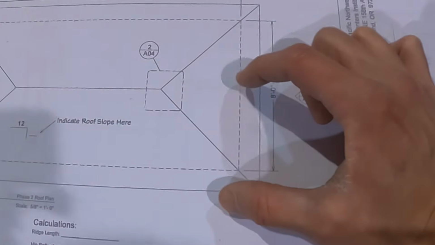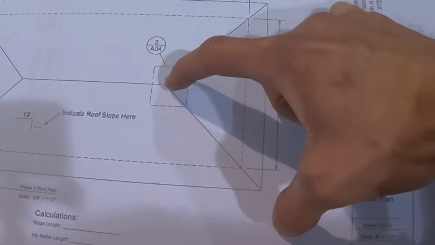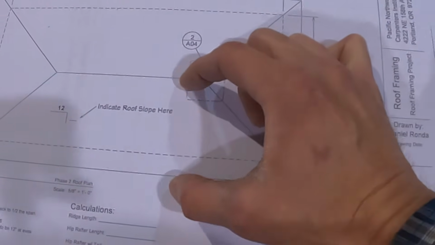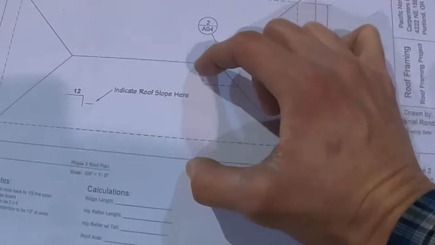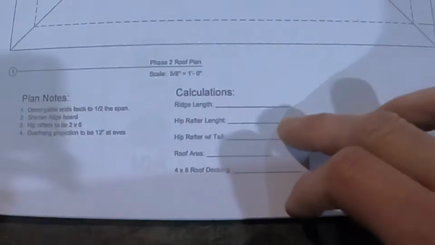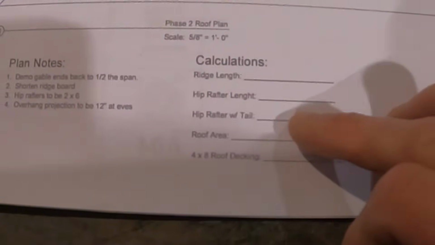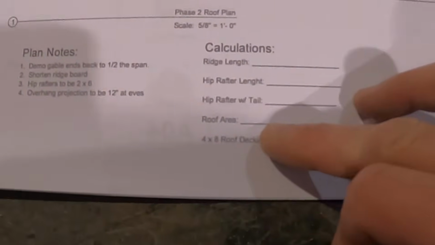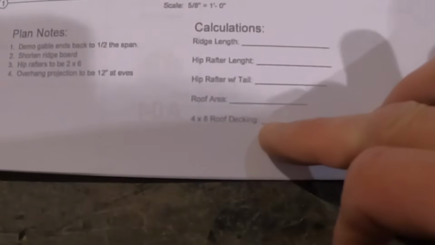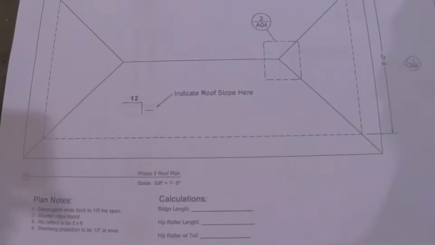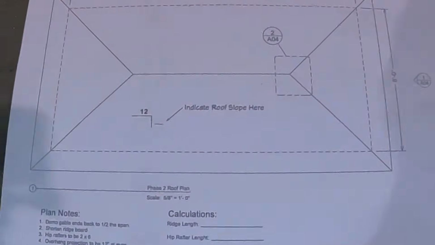You calculate using that as your run when you're finding your overall hip with tail, as well as your commons with tails. The apprentices have to calculate the ridge length, the hip rafter length, hip rafter with tail, roof area, 4x8 roof decking, and that sort of thing. So those are just some of the things they calculate in the classroom.